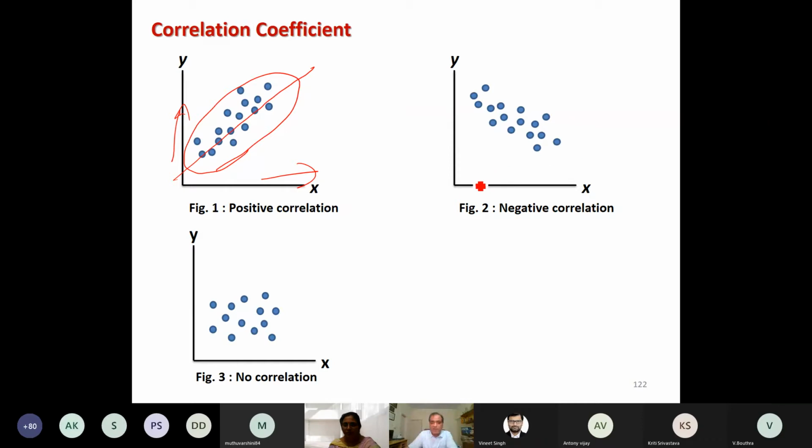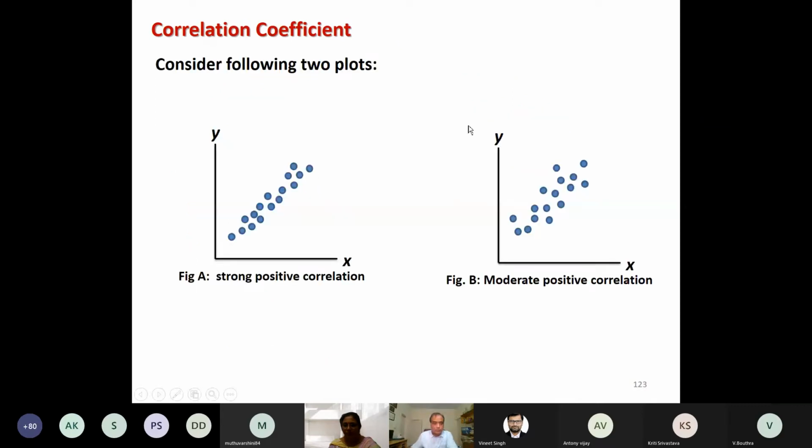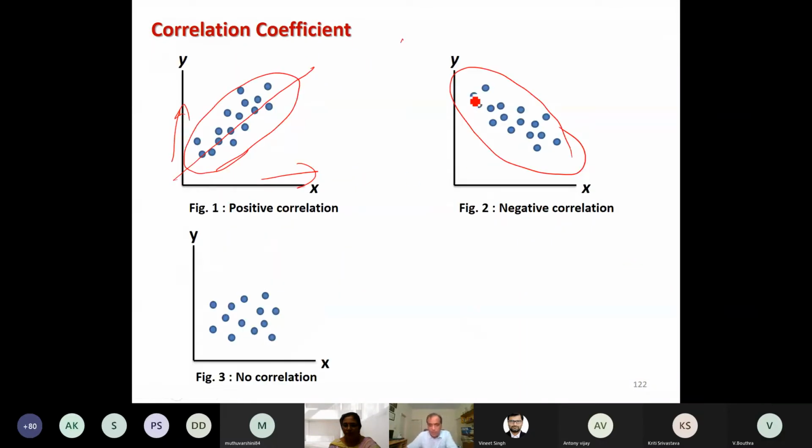Here, when you increase the value of x, the values of y are decreasing, so there is a decreasing trend, right? In the first case, we say the sign of the relationship is positive, and here we say the sign of the relationship is negative, because as x is increasing, y is decreasing.